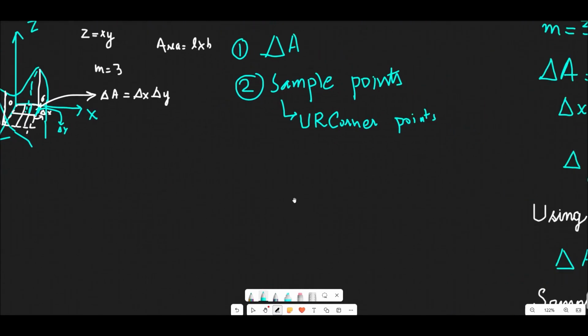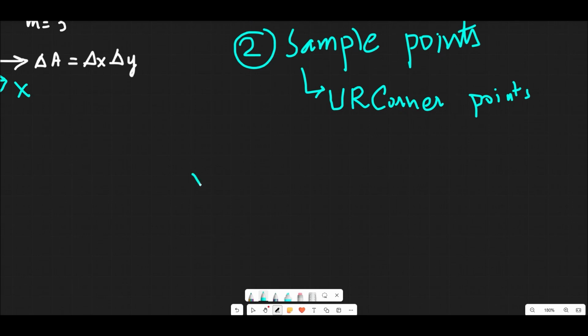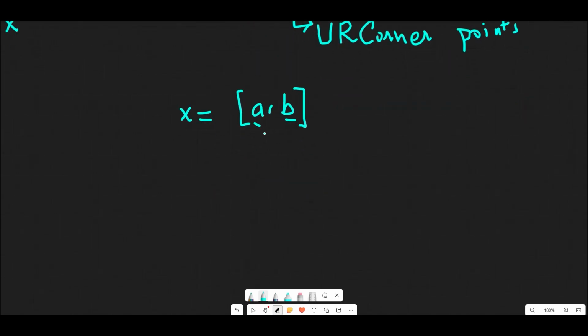How to calculate delta x? Let's say x is equal to a closed interval of a and b. Do you know what a closed interval means? A closed interval is an interval which includes the boundary points. So x is the closed interval of a and b. Then what would be your delta x?